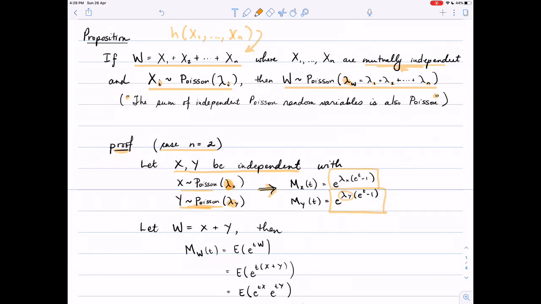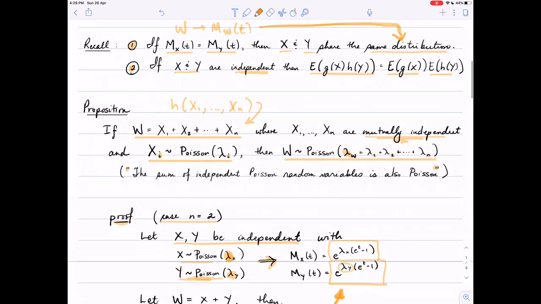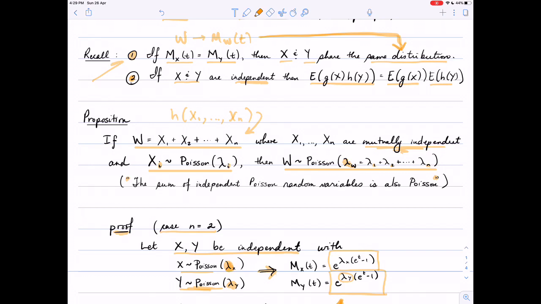So what we want to do is calculate the moment generating function for w and somehow relate it back to this form. If w is supposed to be Poisson, then its moment generating function should have the same form. That was the first bit of information up here, that there's only one form of moment generating function for a given distribution.